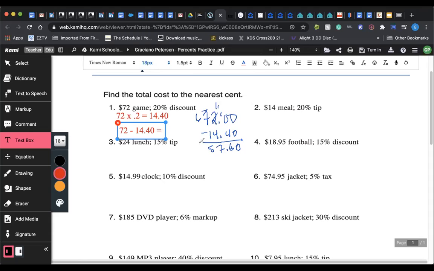So how much is that game going to cost me? About 57, $57.60. Very good. 57.60, right? Yes, 57.60. I have to subtract. Let me make sure that I did it right. Somebody got a different answer. Yeah, 57.60.